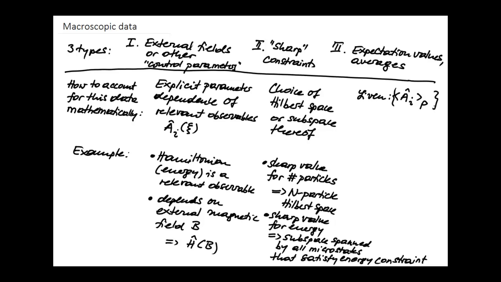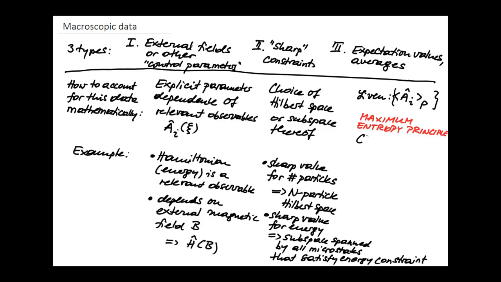Some people say it's the least biased choice of the density matrix. If you choose any other density matrix, then you would introduce a bias about the microstate. And so the principle here is also called the maximum entropy principle.